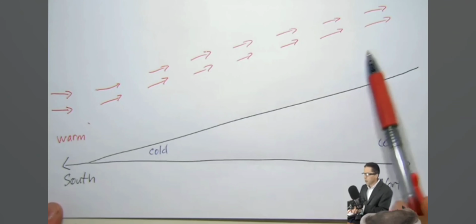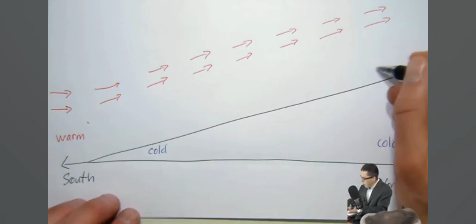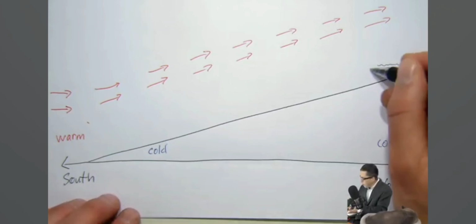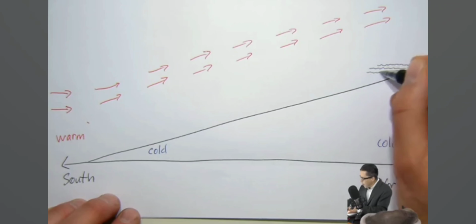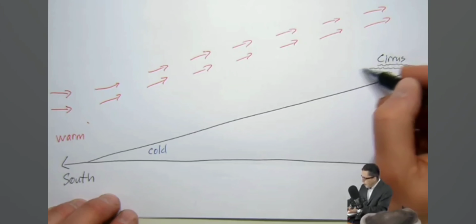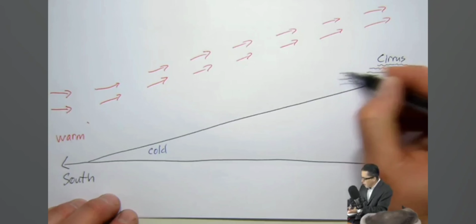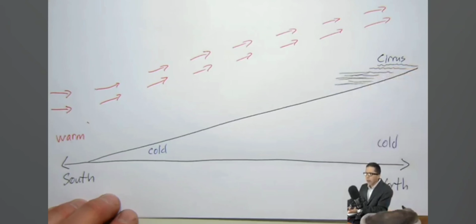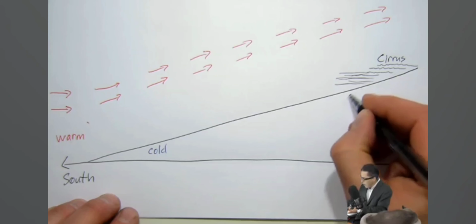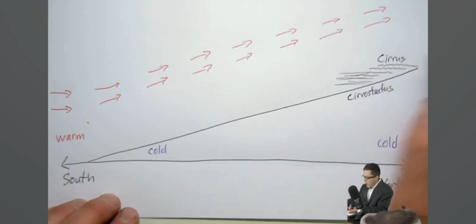It's going to go up this ramp, and as it goes up the ramp, it's going to cool more and more. So all the way out here at the edge, the top of the ramp, we would have some very high wispy clouds, which we know are cirrus. And then they get a little bit thicker and more of a blanket, and that's what we would call cirrostratus.